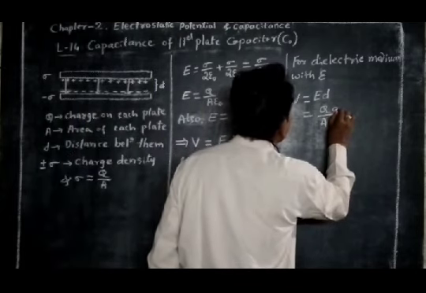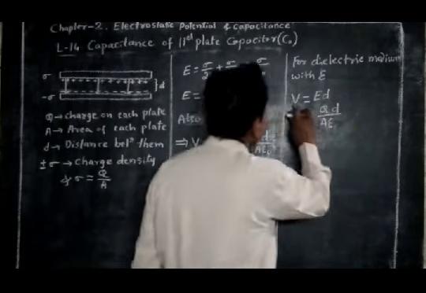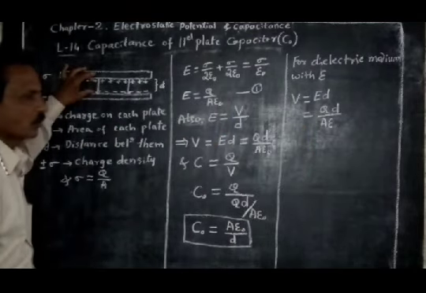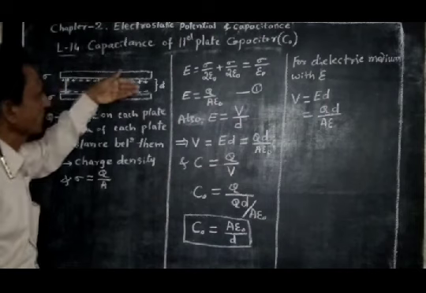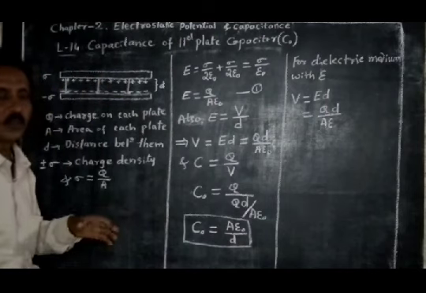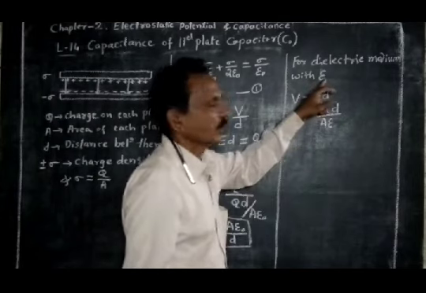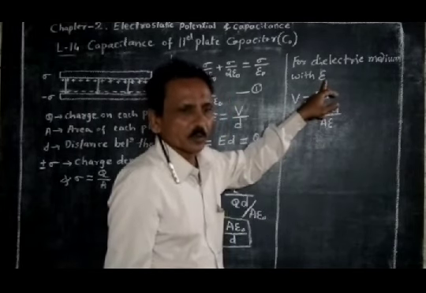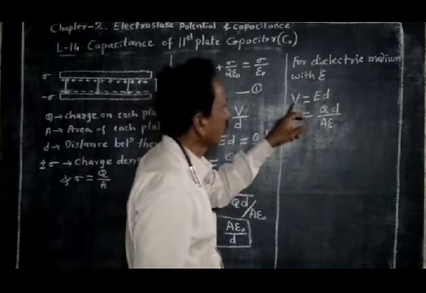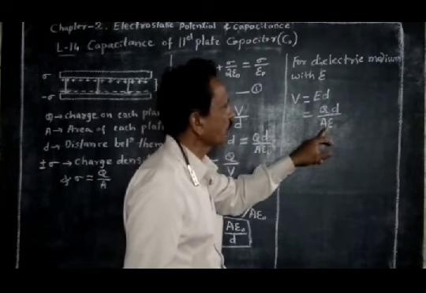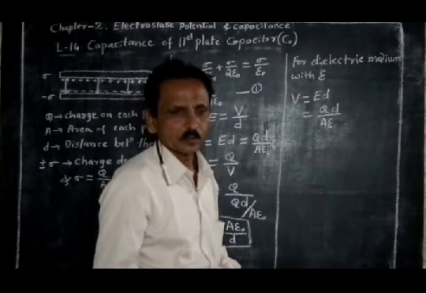QD upon A epsilon naught is the potential difference between the plates of the capacitor when the space between them is filled with air. When filled with a dielectric medium with permittivity epsilon, the potential difference phi equals QD upon A epsilon.